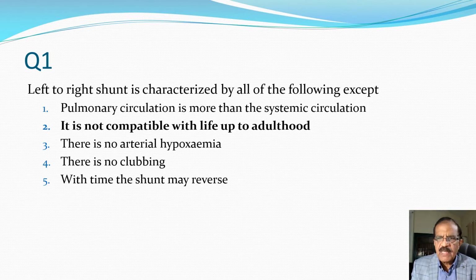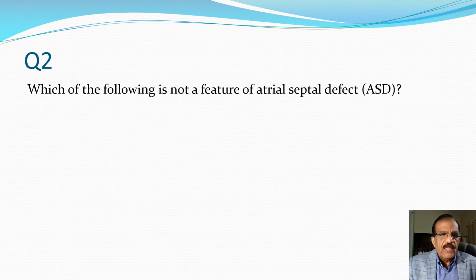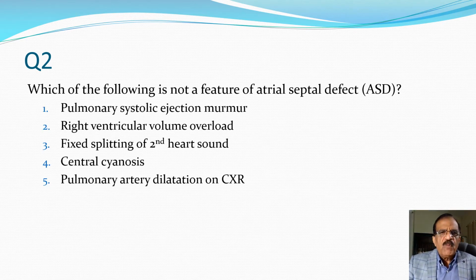Let's have quiz number 2 now. The second question is: which of the following is not a feature of atrial septal defect? Pulmonary systolic ejection murmur, right ventricular volume overload, fixed splitting of second heart sound, central cyanosis, or pulmonary artery dilatation on CXR, that is X-ray chest.